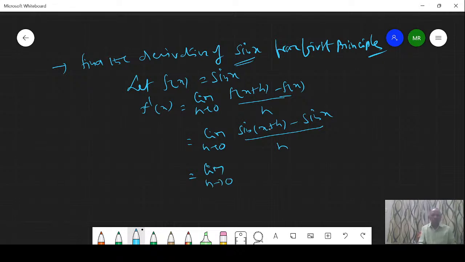Now, you know the sin of a plus b formula. What is sin of a plus b? Sin a cos b plus cos a sin b. Remember sin of a plus b. You can expand this: sin x cos h plus cos x sin h minus sin x by h.